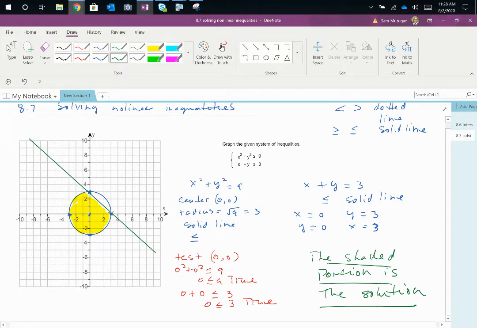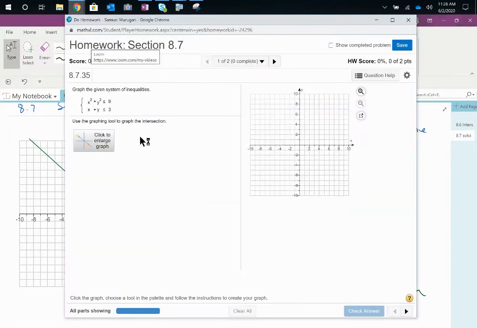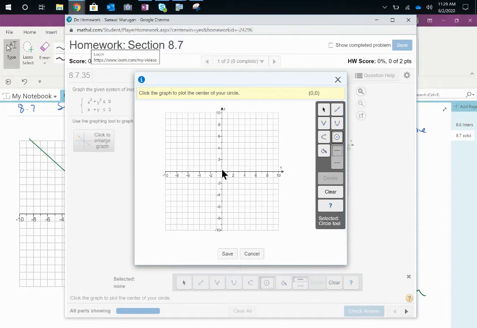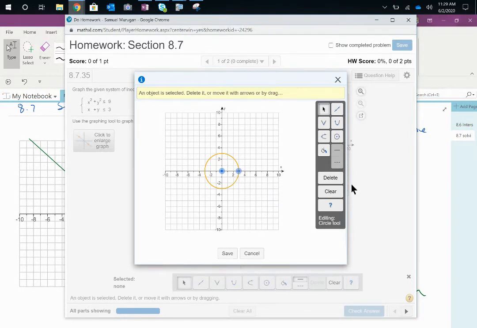If you were doing this in my lab, then we would have to go ahead. I'm going to just show you real quickly how to do this. So I would make my circle graph first, center, and then 3 points out with a solid line. Okay, make sure you select the solid line, and then the straight line solid also.